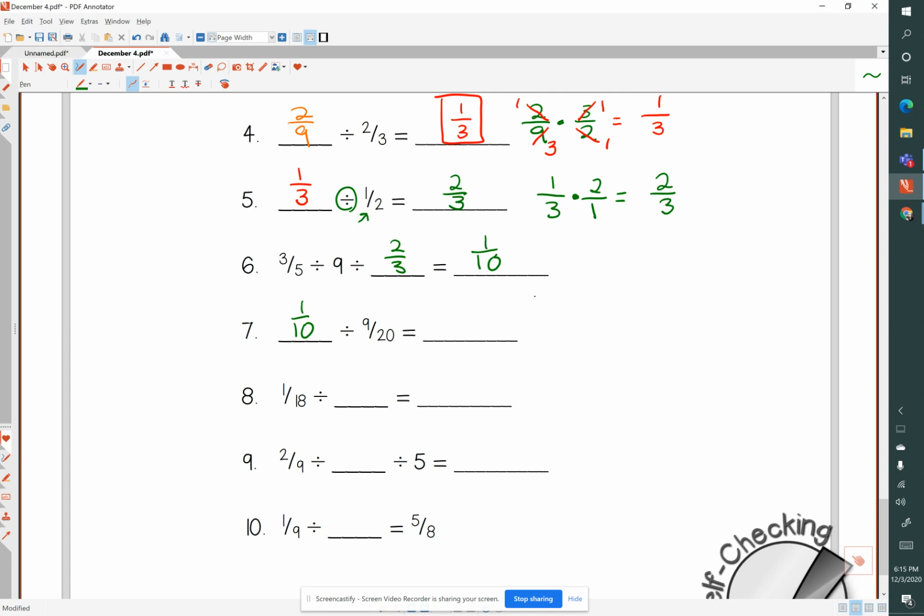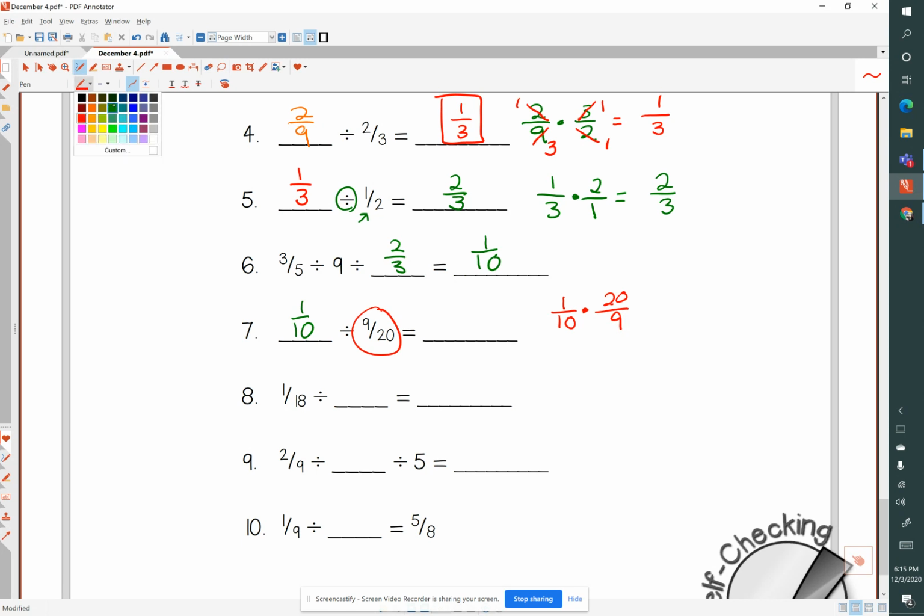And I think this one I will have room to do right here on my paper. So I've got 1/10, and I change the division to multiplication, and I flip 9/20 to its reciprocal.